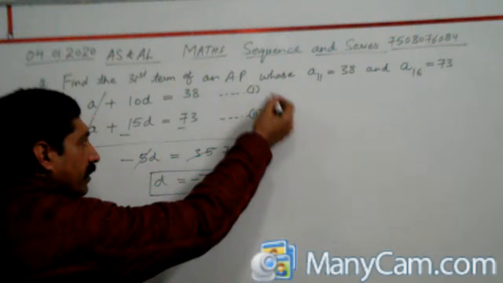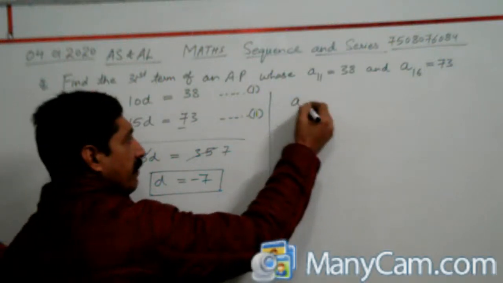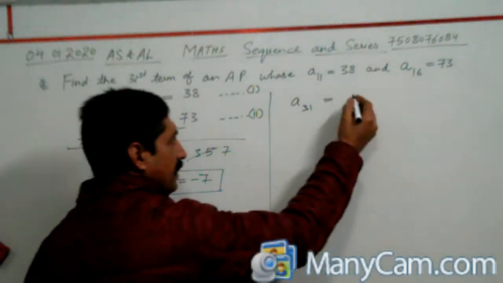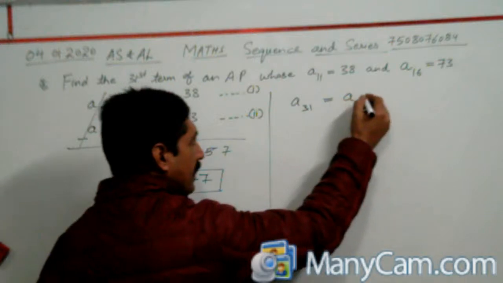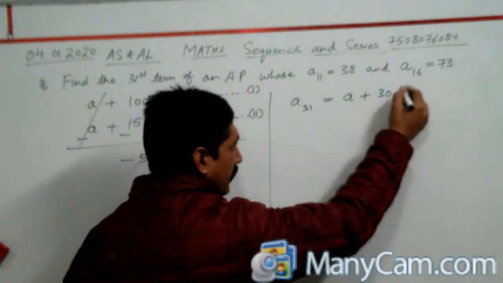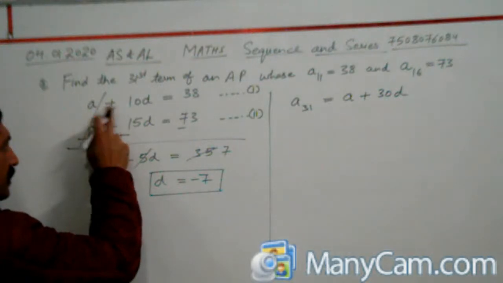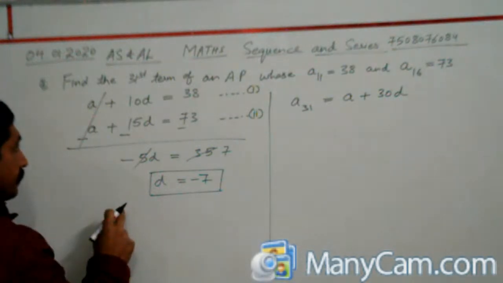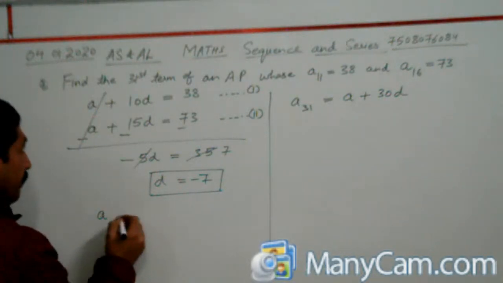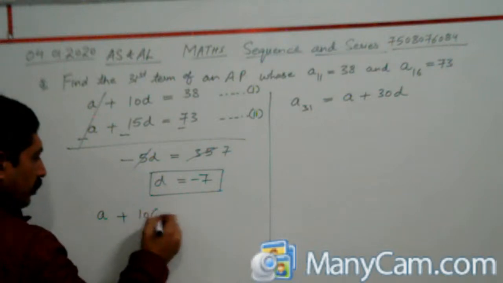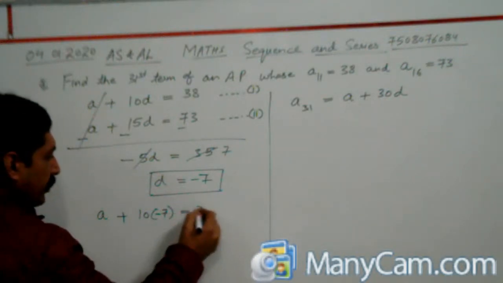Now d is minus 7. We know that 31st term of the AP is always a plus 30d. So here we have d, we can find a. So what is a here? a plus 10 into minus 7 is equal to 38.